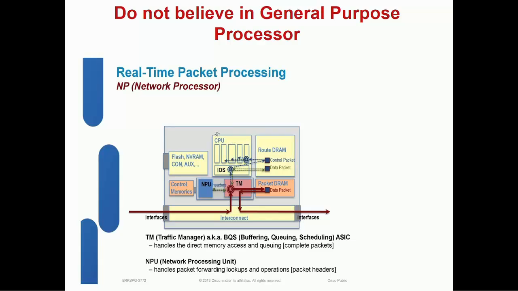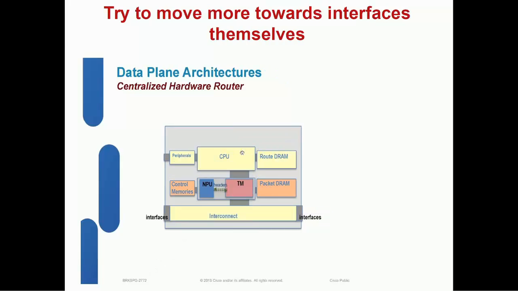So, this relieved the CPU, the general purpose processor, of the task of forward lookups. For example, remember when we got a packet, we have to match the destination address and then send it, okay. So, the network processing unit took up that job rather than the CPU itself trying to participate in that general purpose processor, okay.